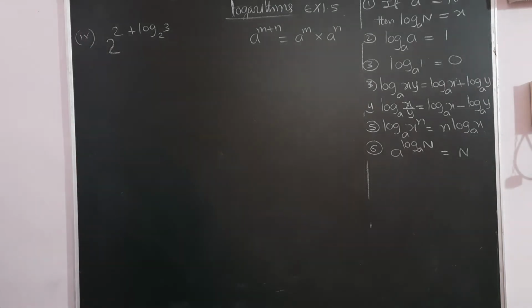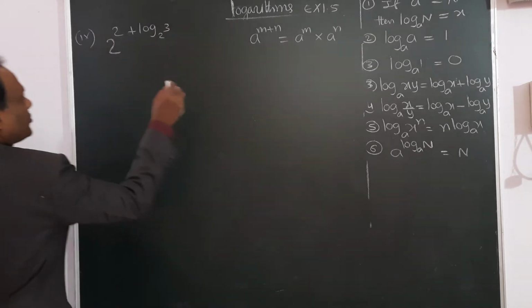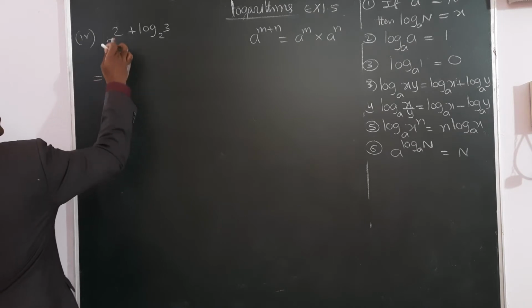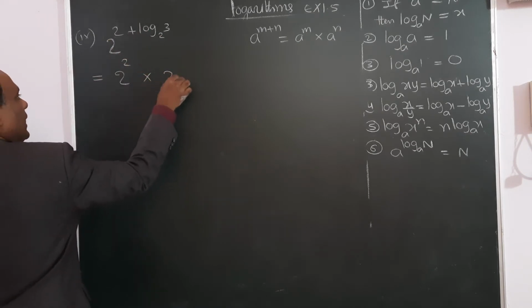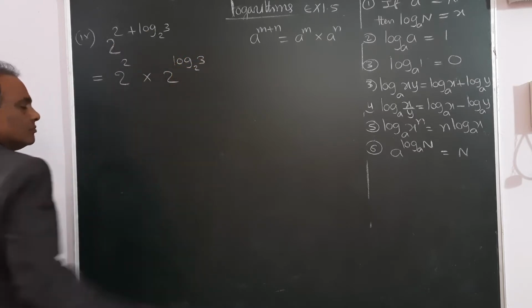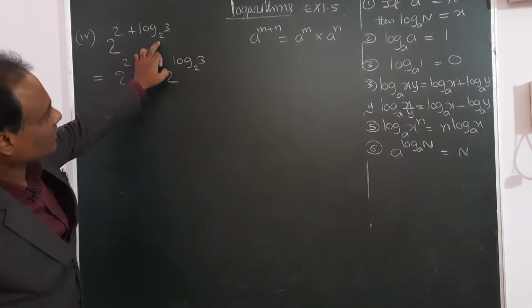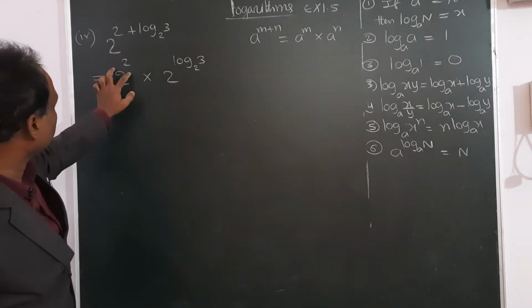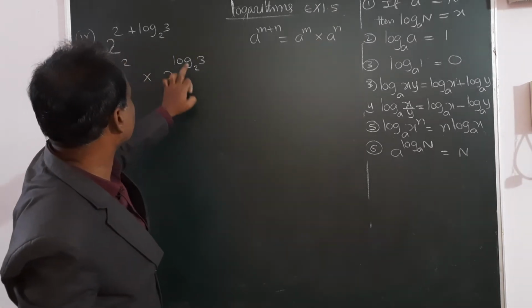A power m into a power n is a power m plus n. So the same formula in reverse order we are using. A power m plus n is a power m into a power n.